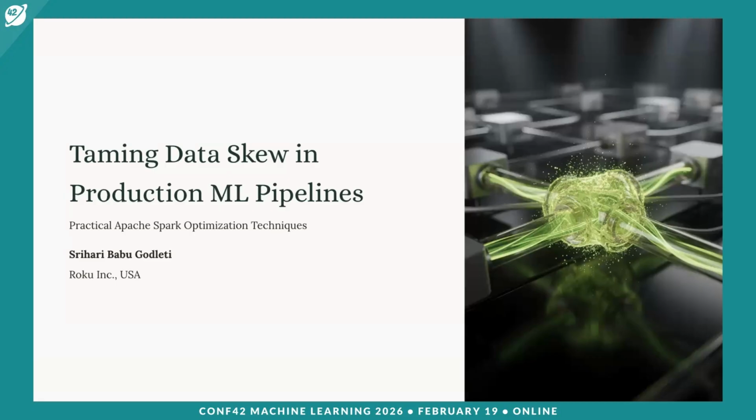When we investigated why these jobs were taking so much time, and it's the case with many other teams using Spark for their ETL compute, we saw extreme task duration variance. That's because we encountered a silent performance bottleneck called data skew. Today, I'm going to walk you through how skew manifests in real ML pipelines and how we can systematically mitigate those kinds of risks.